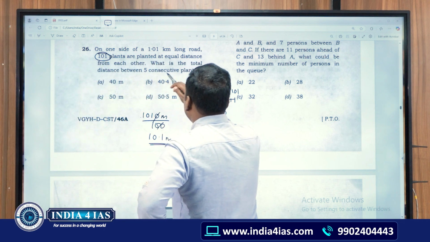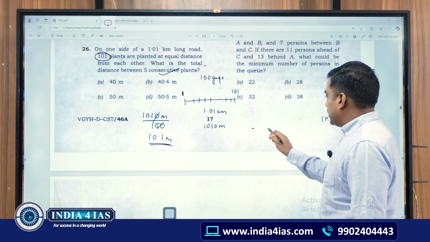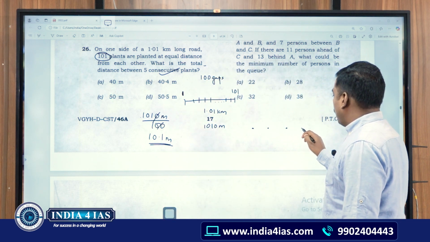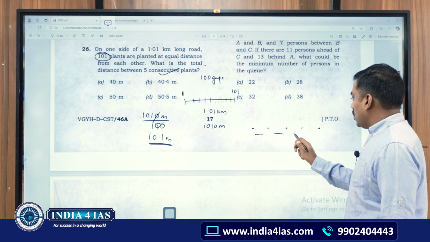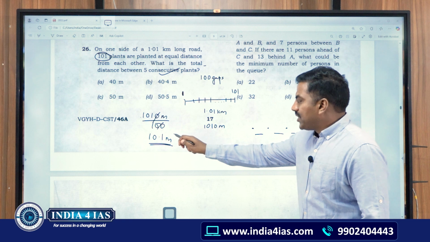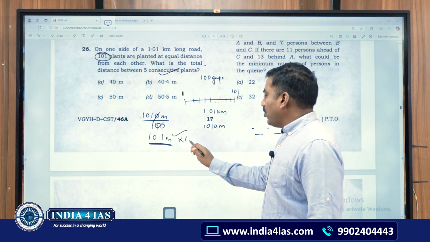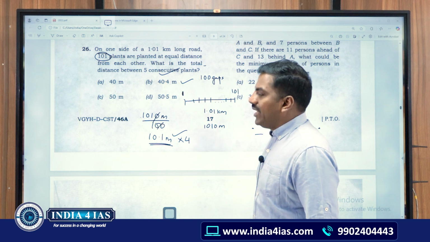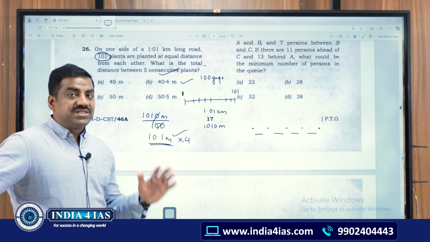Now, what is the distance between 5 consecutive plants? So first plant is here, second plant, third, fourth and fifth. So how many gaps? 1, 2, 3, 4 gaps. 4 gaps of 10.1 meter each. So 10.1 meter into 4, so 40.4 meter. Here people tend to make mistake.